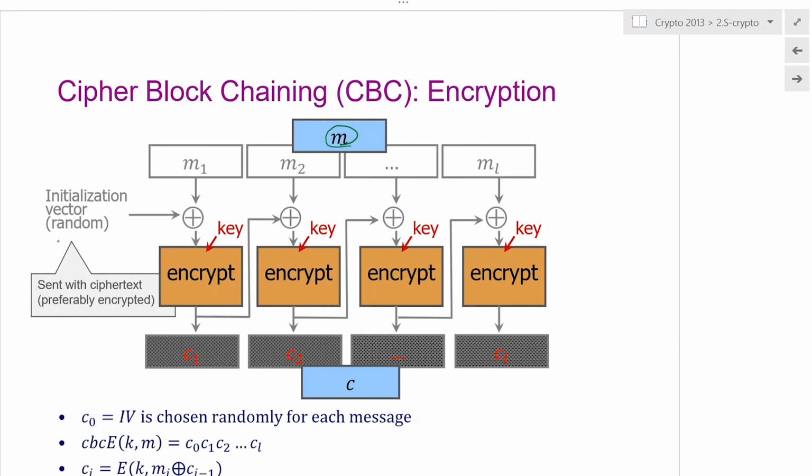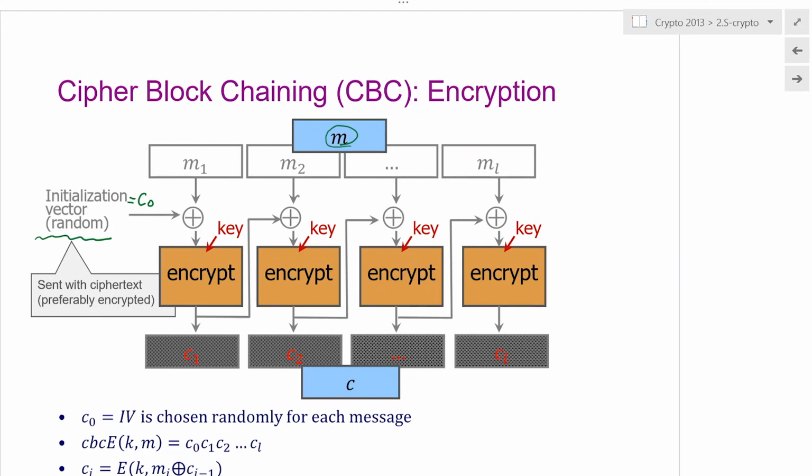As you can see, in the very beginning of the algorithm, we start with a new variable called the initialization vector. Let me call this one C0 in short, so that things start to make sense. The idea of cipher block chaining is that before you send the message to the encryption circuit, you first XOR it with the ciphertext of the previous block.